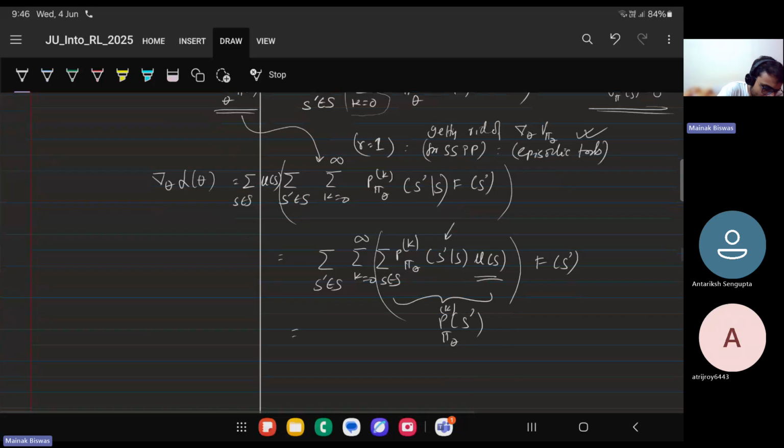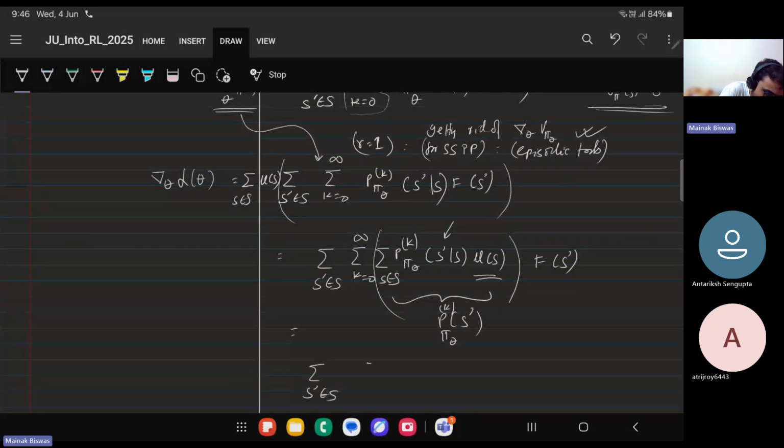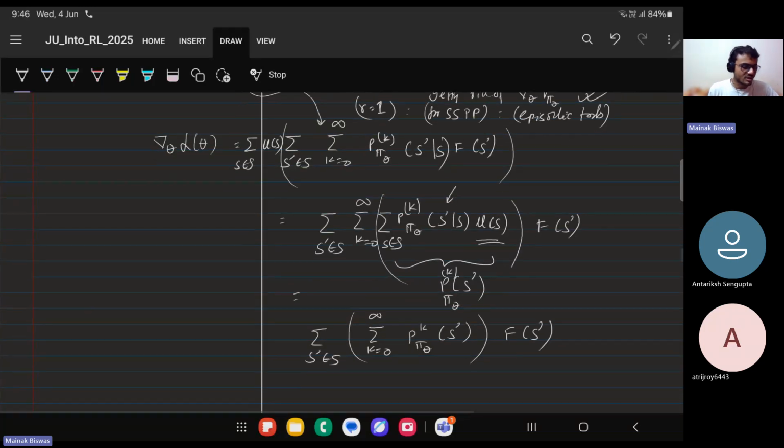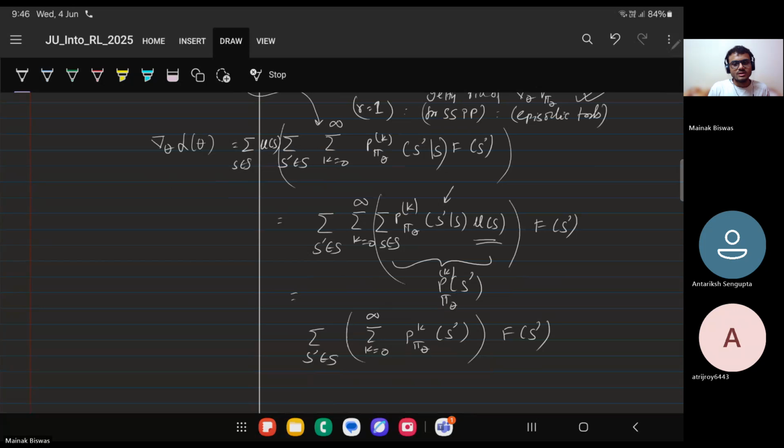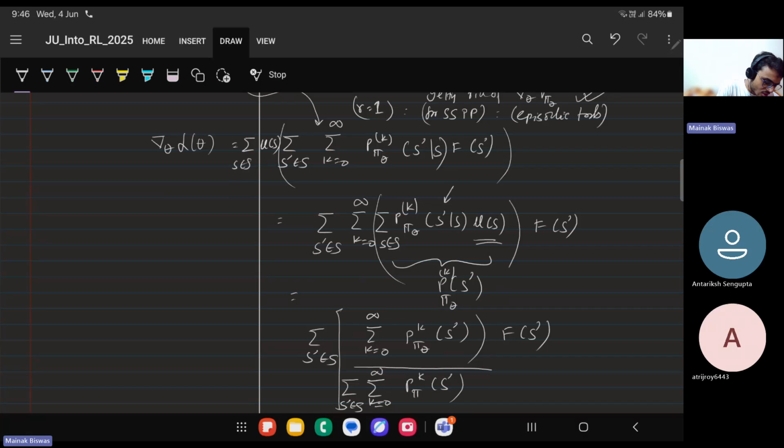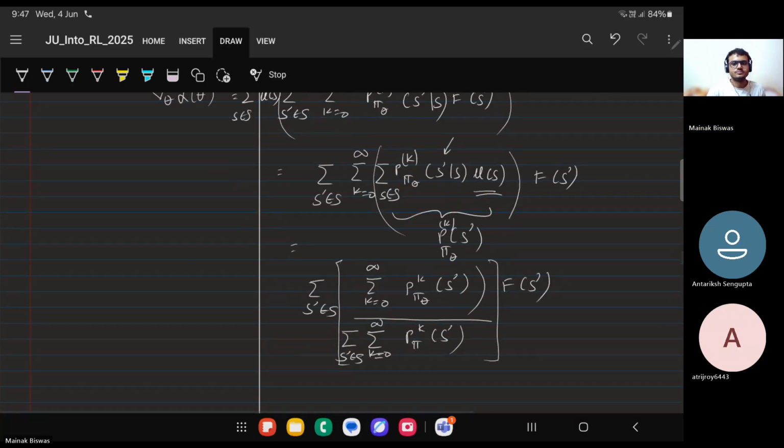So I will write this equation again as S dash in S, summation of k equal to 0 to infinity. Again, this term we have discussed in class. What is this term? Do you remember? If I divide this term by k equal to 0 to infinity and over all S dash in S, can you tell me what this term will become?